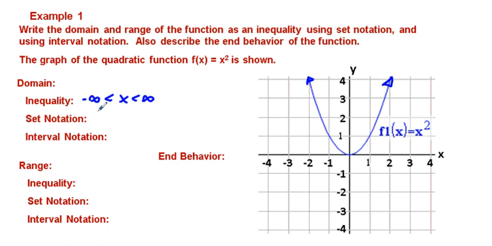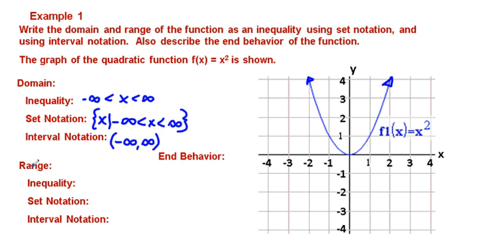Set notation, bracket, x such that x is greater than negative infinity, but less than infinity. So we put a bracket here at the end. And interval notation, we do that as we have done earlier. We have open parentheses, negative infinity, comma, infinity.